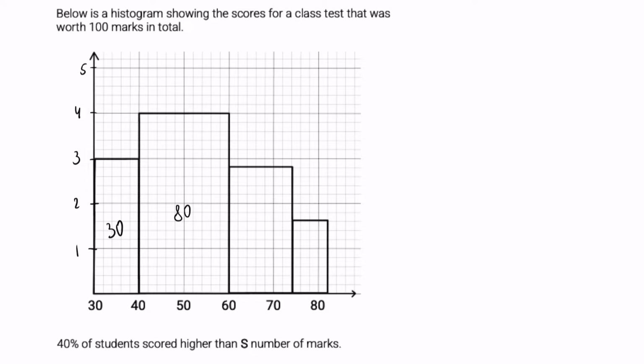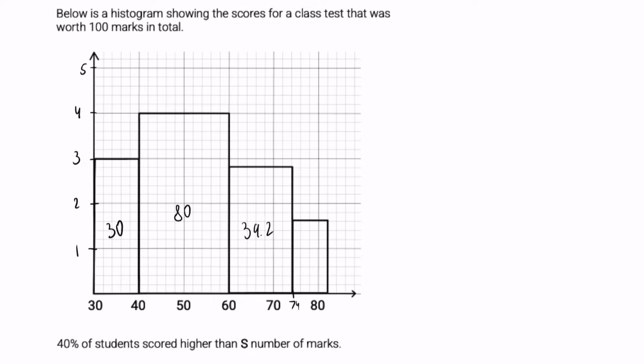Third bar has 74 in here, right? 74 minus 60, which is obviously 14, times 3 minus 0.2, that's 2.8. So 2.8 times 14 is 39.2 students in that bar, which is obviously unreal because you can't have 0.2 of a student.